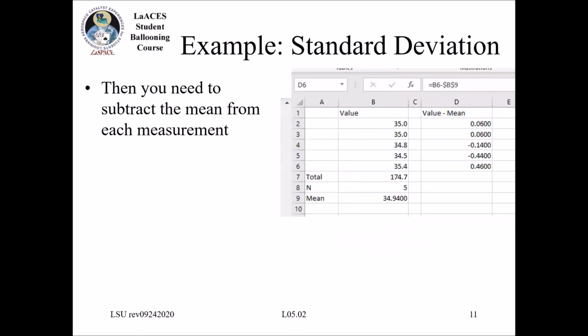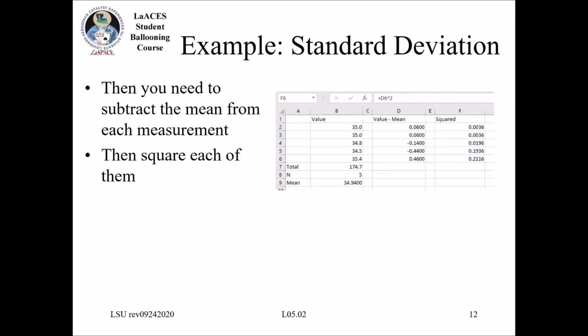So how far off is each of these values from the average value? And because I don't want to add these together and have them cancel out, because an individual measurement can be higher or lower than the average, I'm going to square them so I don't add a bunch of pluses and minuses together and cancel them out.